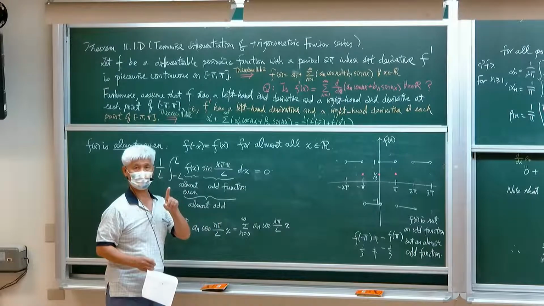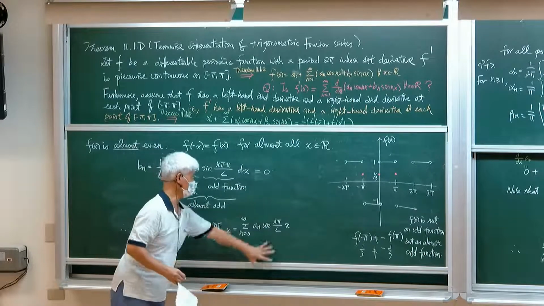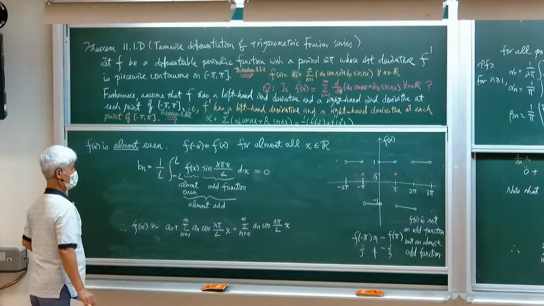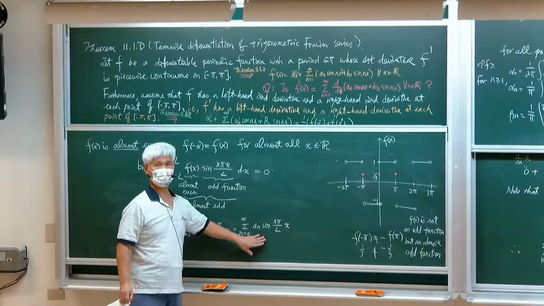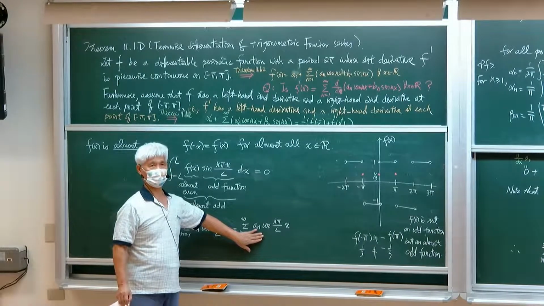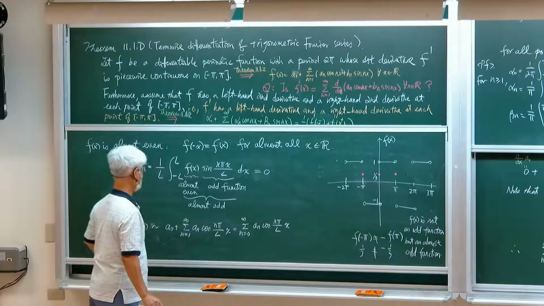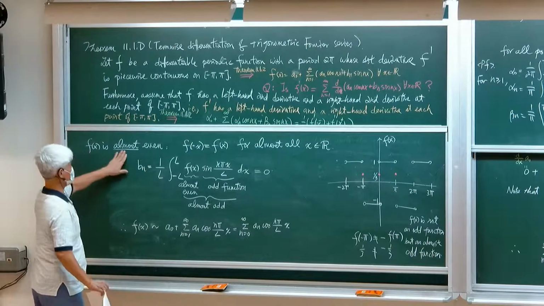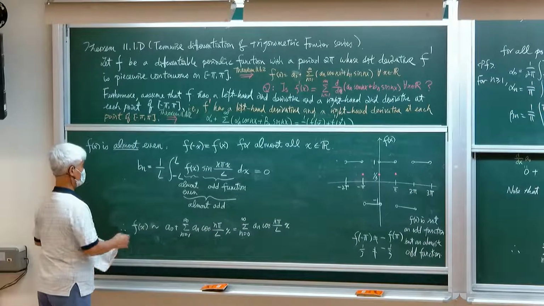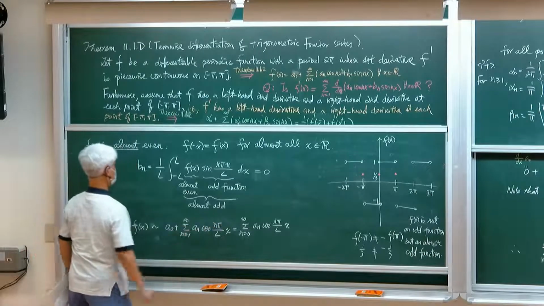It's a constant function, so you can absorb it. So you have a cosine Fourier series like this one, when f is almost even.